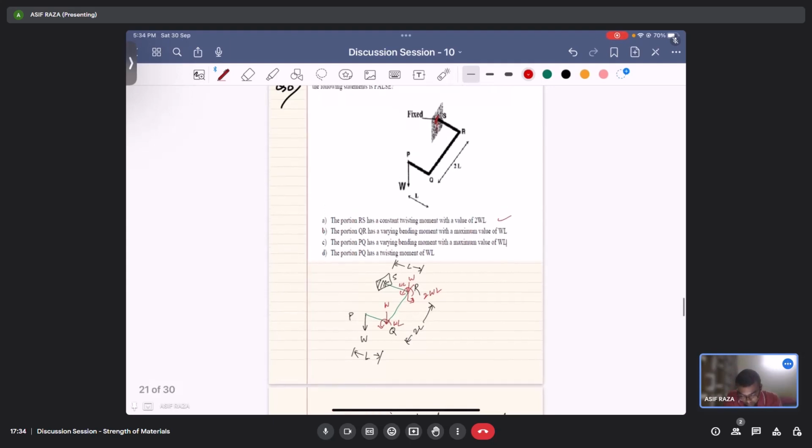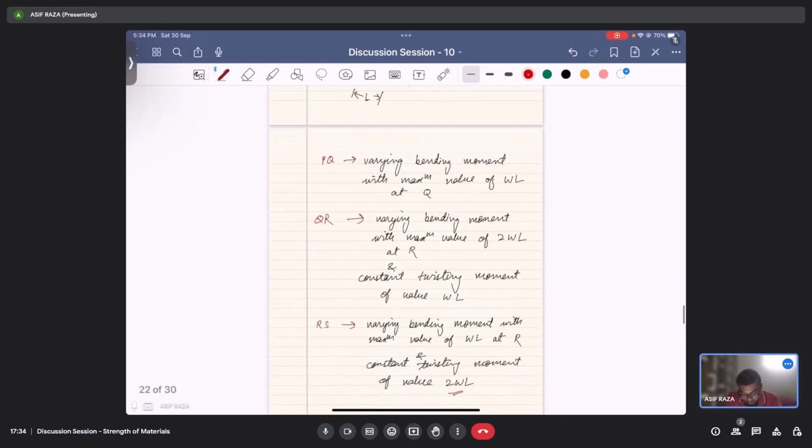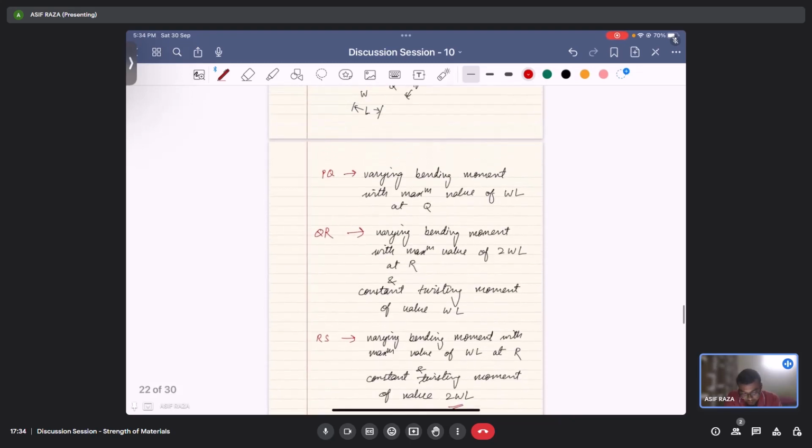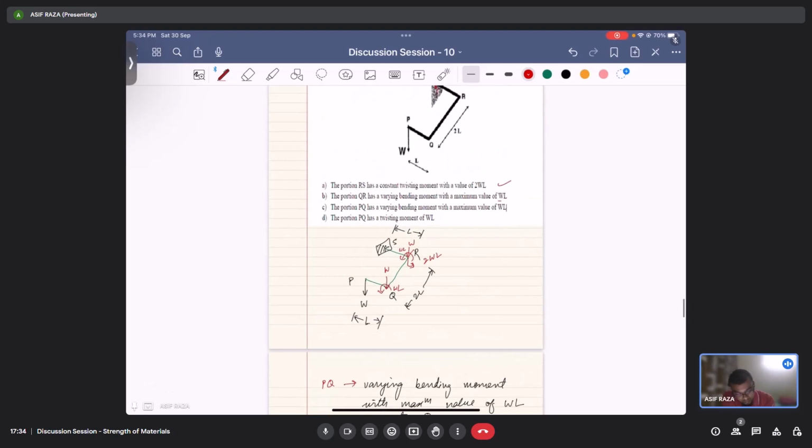Now option B: the portion QR has a varying bending moment with a maximum value of WL. The portion QR has a varying bending moment with the maximum value of 2WL, not WL, so it's a false statement. Option C: the portion PQ has a varying bending moment with a maximum value of WL.